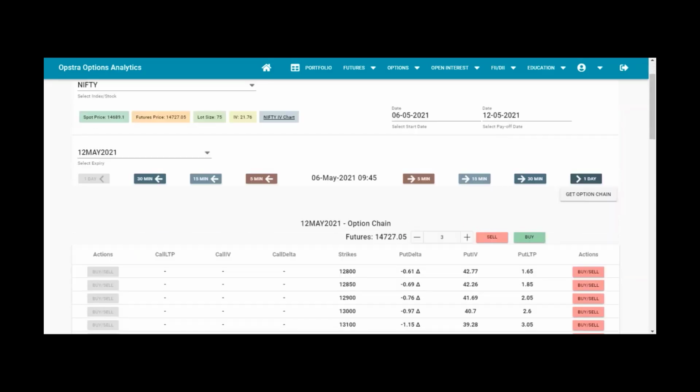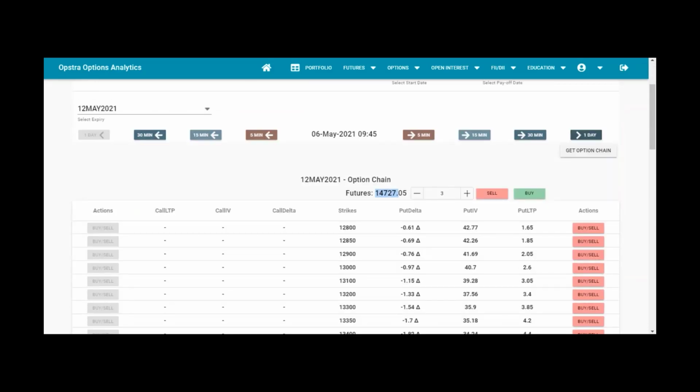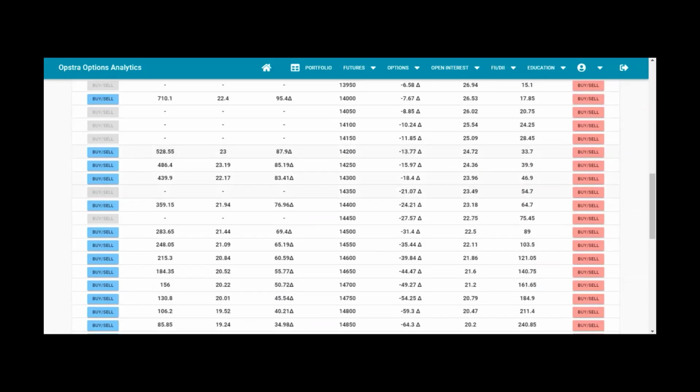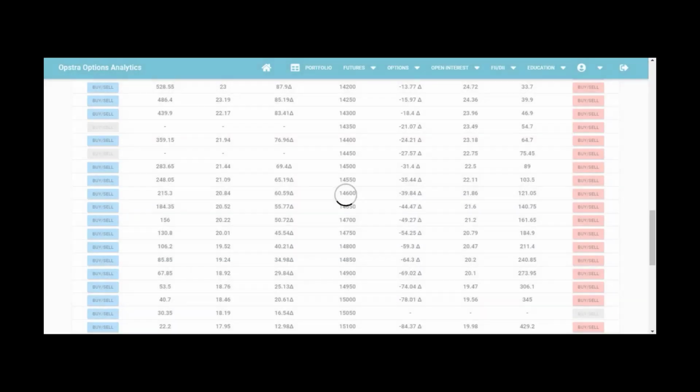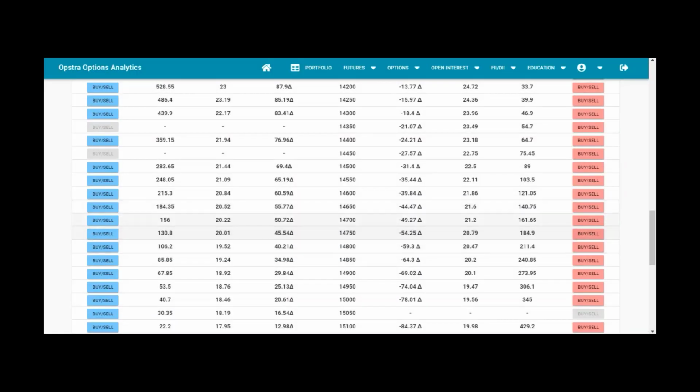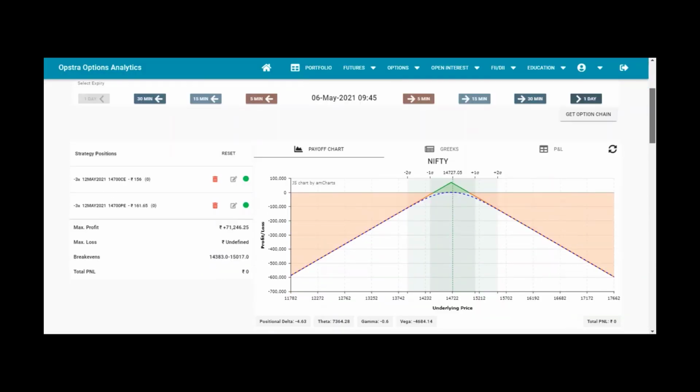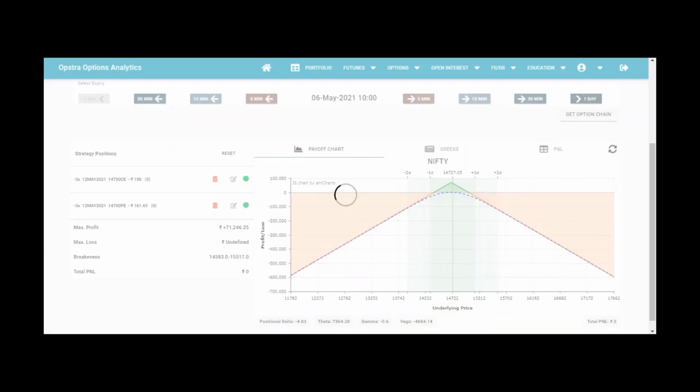What is the spot price? 14,727, which is near 14,700. I will go down, sell 3 lots of call option and 3 lots of put option. That's it. Let's go 15 minutes ahead. We need to book the loss of 5,000 or the profit of 10,000.